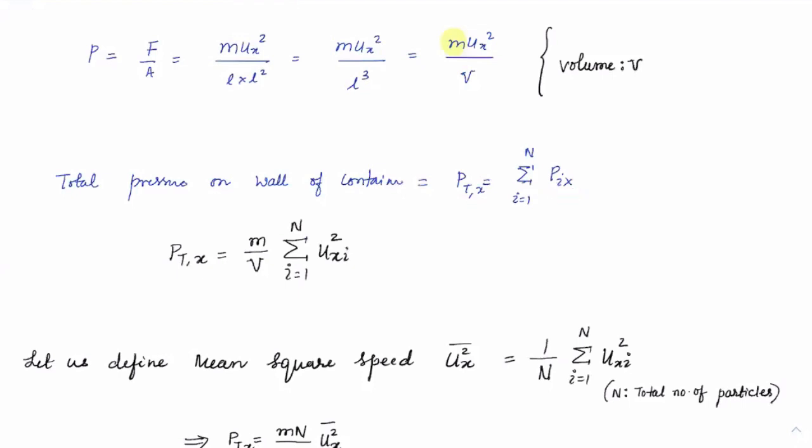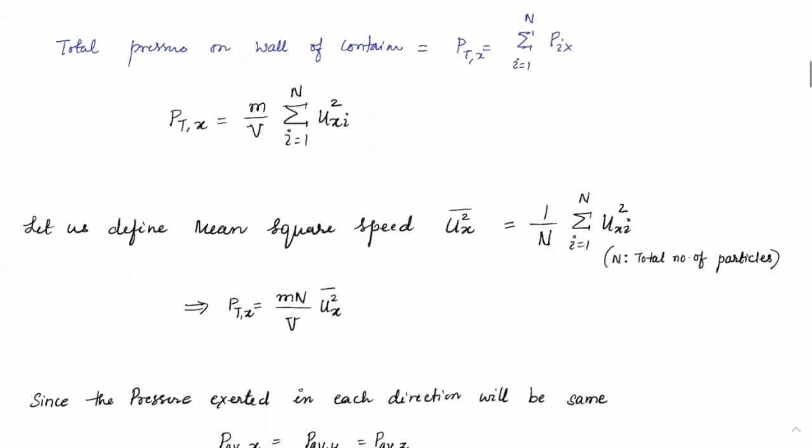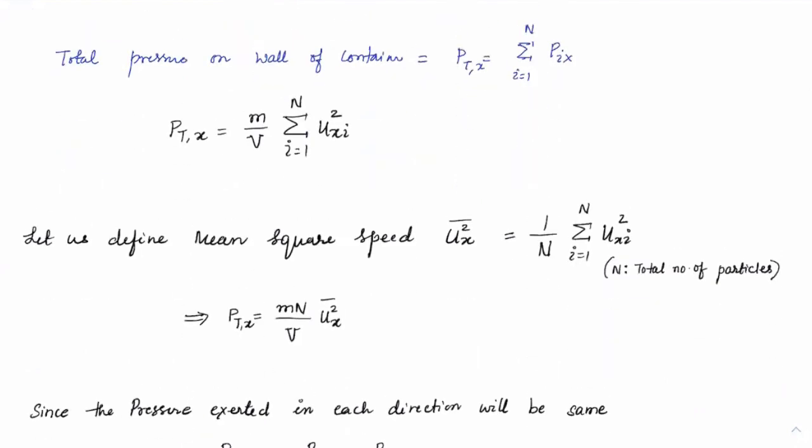So pressure P total in x will be m by V, sum over i equal to 1 to n of uxi², that is u1² plus u2² plus u3² and so on. The sum of all of these speeds multiplied by m by V will give us pressure. Now we can define an important term, the mean square speed.